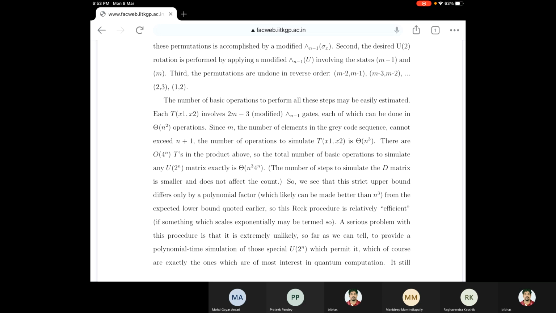At least in the circuit model of computation, it is difficult to achieve that. We may have to use some different kind of model, probably a different kind of idea. But at the same time, the question will be, can we classify those unitary matrices which can be implemented using a polynomial number of gates? That is an open problem.